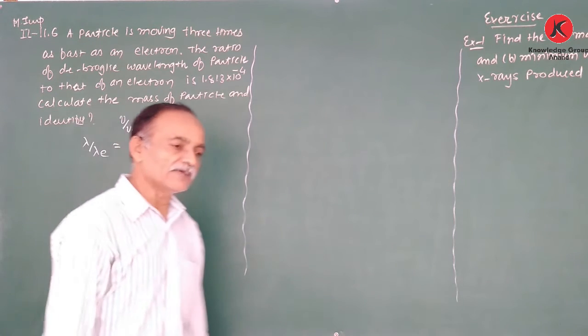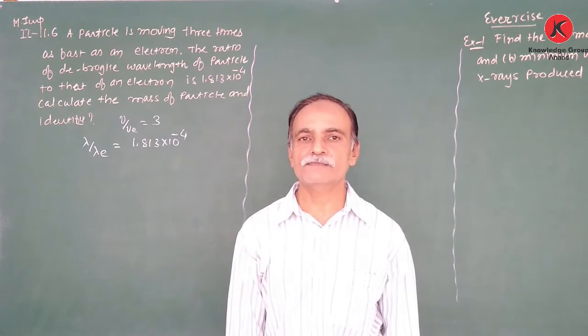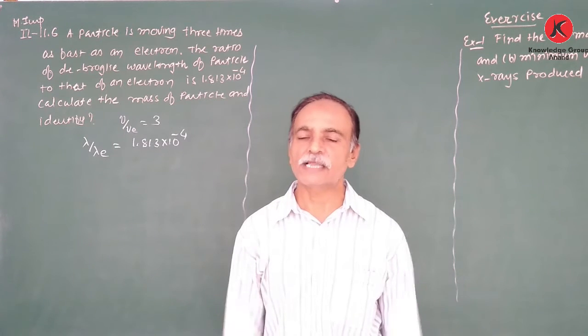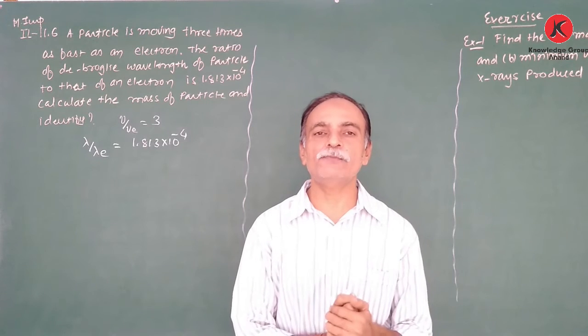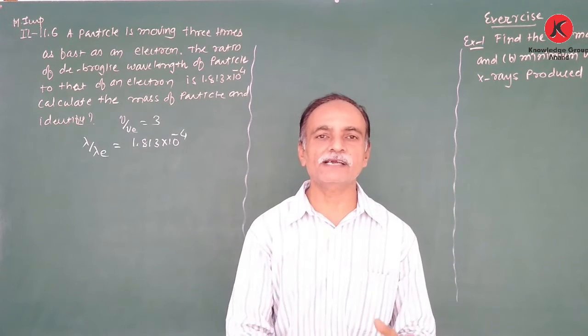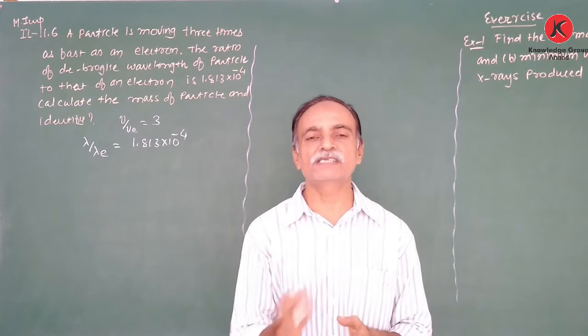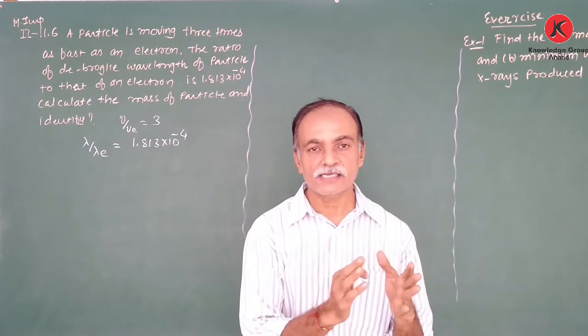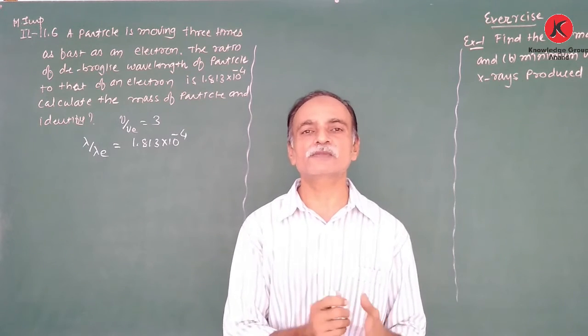Therefore, we use the concept of the de Broglie wavelength, lambda is equal to h upon mv. First we write the equation of de Broglie wavelength for the particle and also the electron, and from this equation we convert it in terms of the mass.